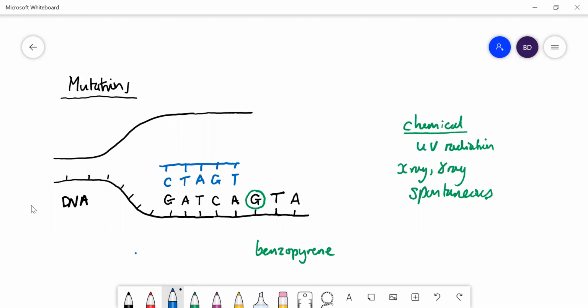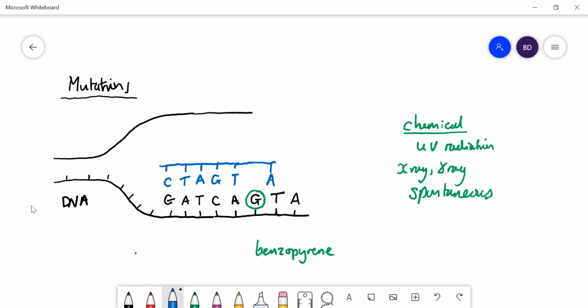That can cause a few different things to happen. Instead of getting a C there, you may just get an A or a T, or even another G, another base put in there which doesn't belong. Or it can cause a deletion, so you might not get anything pairing there, and the next one then will be that A, so you missed one out.